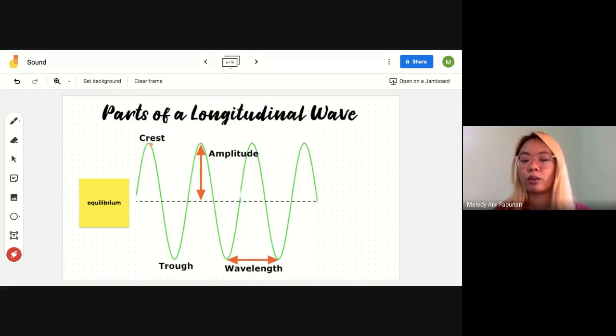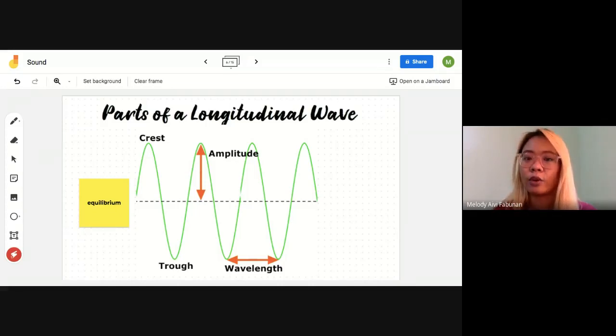Again, I'm going to clarify the wavelength. Wavelength is the distance from one crest going to another crest or one trough going to another trough. So we have four very important parts of a longitudinal wave. The first one is the crest, which is the highest part of the wave.